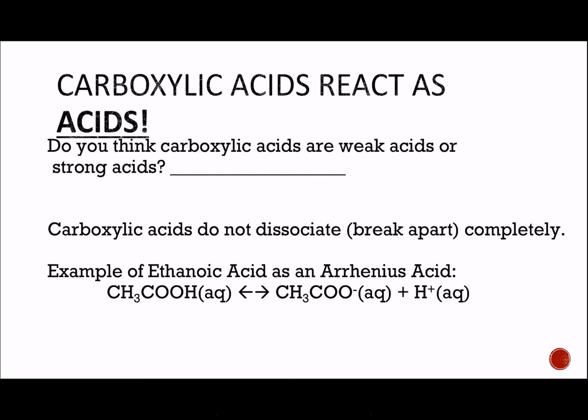So, do you think carboxylic acids are weak acids, or do you think they're strong acids? You can kind of see the answer down here. Because you see the double arrow, they don't break apart completely, meaning that you have a weak acid. And that actually means that there would be a K associated with it, an equilibrium constant, established by having your products over your reactants concentration.